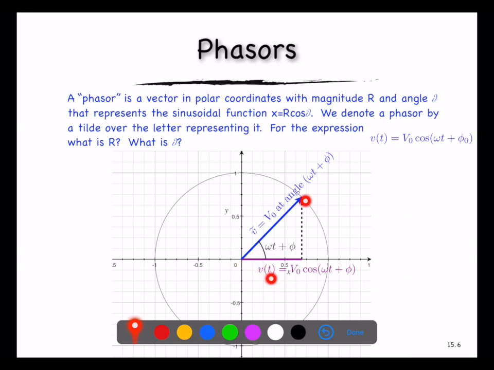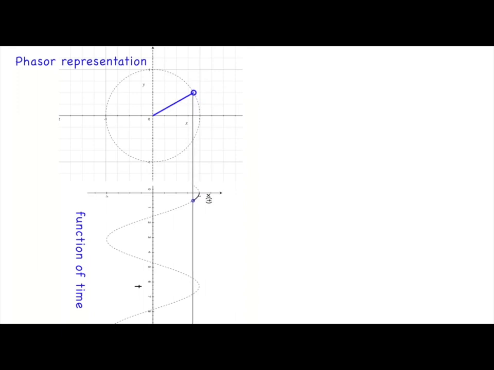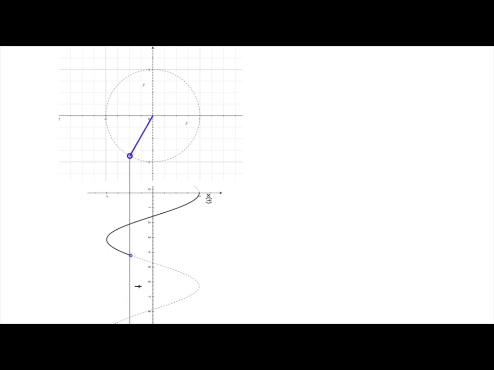It just turns out to be easier to represent a vector, oftentimes, than it is to represent a time-varying function. So let's look at a little animation of how this works. In the top left, we see this phasor rotating around. And if we drop a line from the end of the phasor down onto the horizontal axis, that length along the x-axis represents the value of our function with respect to time.